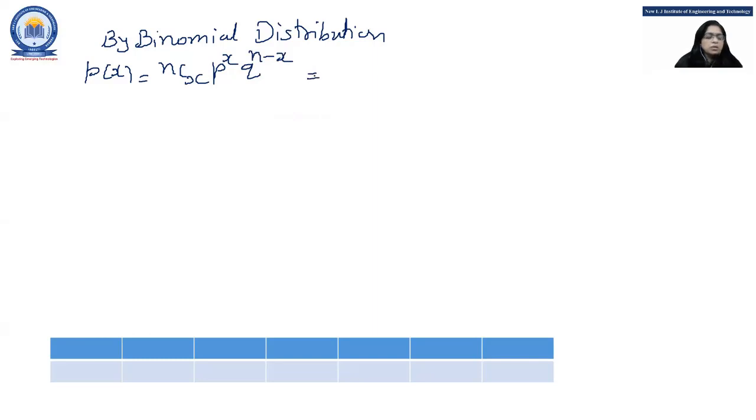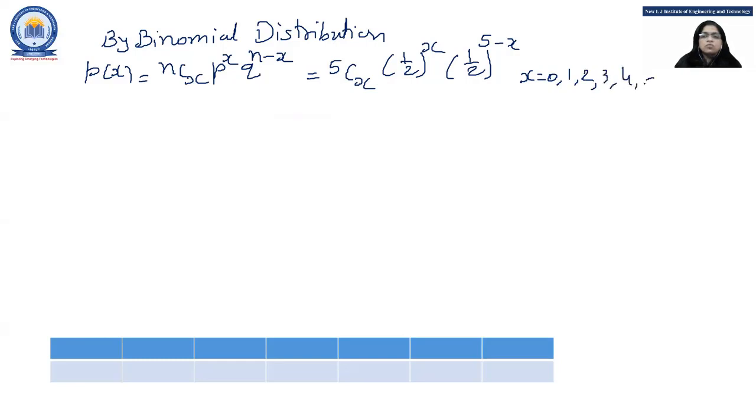So here my n is 5, nCx, P is 1/2 to the power x and 1/2 to the power 5 minus x. So your x is 0, 1, 2, 3, 4 and 5.